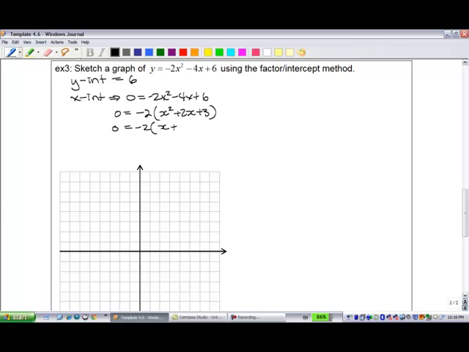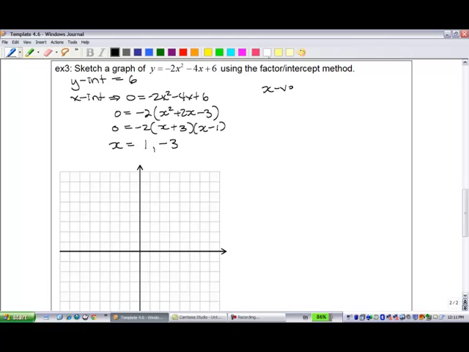And that factors into x plus 3. Apologies. Sorry, that should be a negative 3 on the end there. Factors into x plus 3 and x minus 1. And what we end up with is x-intercepts of 1 and negative 3.